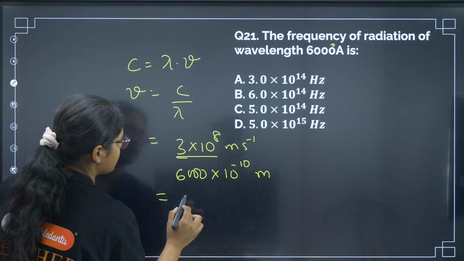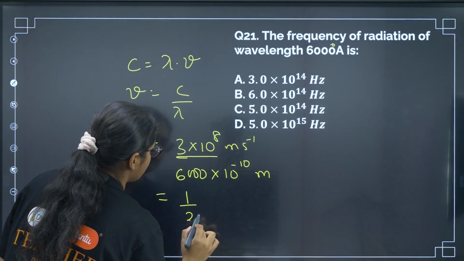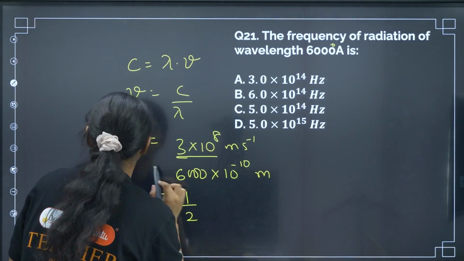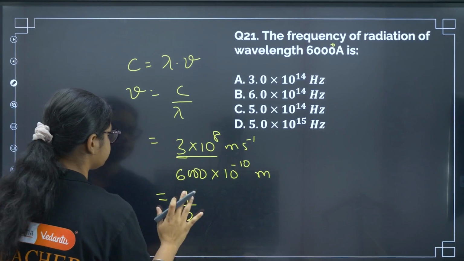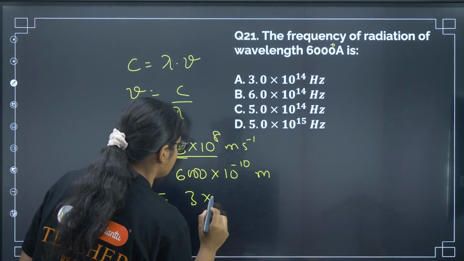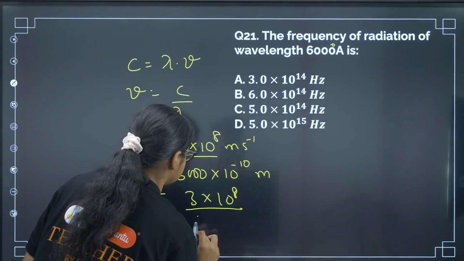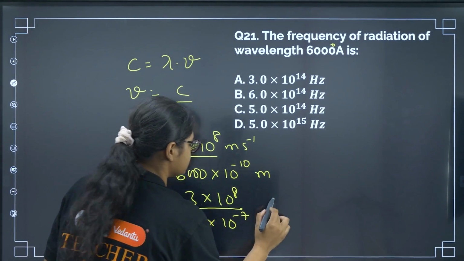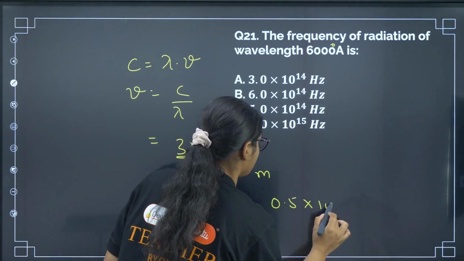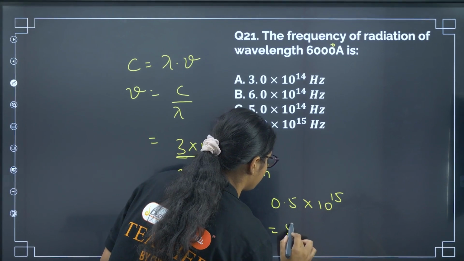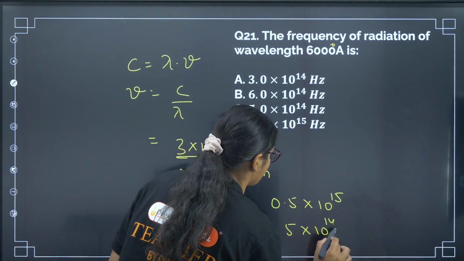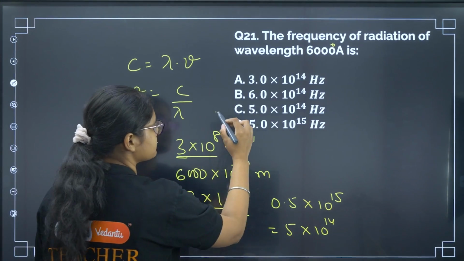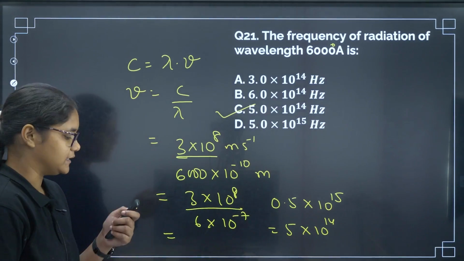So we have 3 into 10 to the power of 8 by 6 into 10 to the power of minus 7. So we can get here 0.5 into 10 to the power of 15, or I can write it as 5 into 10 to the power of 14. Right? So the correct answer for this question is option number C.